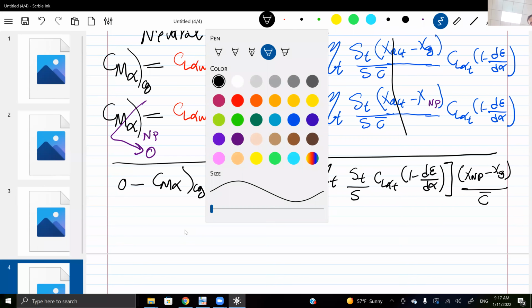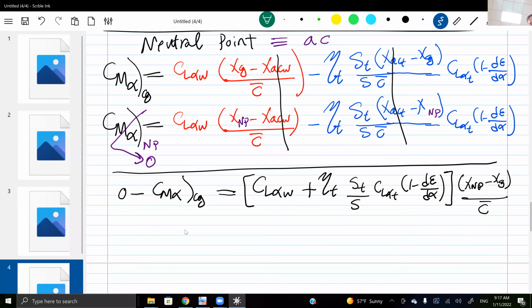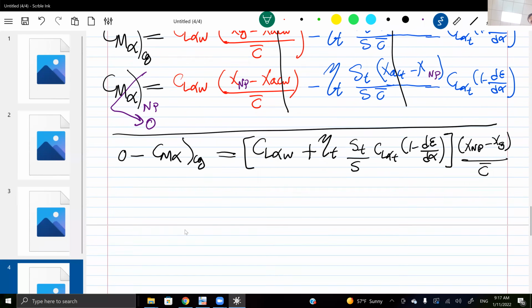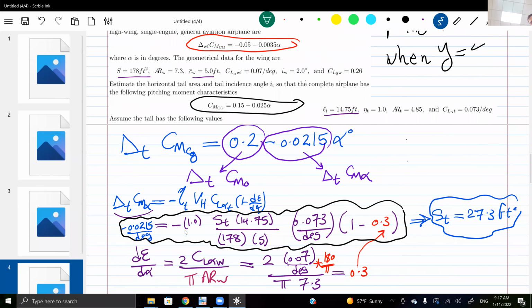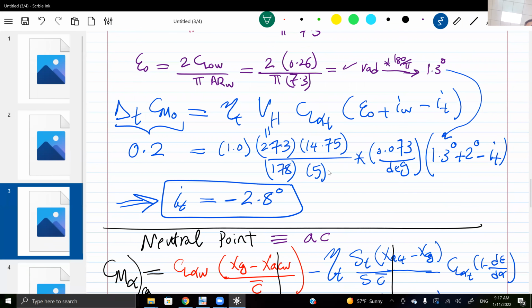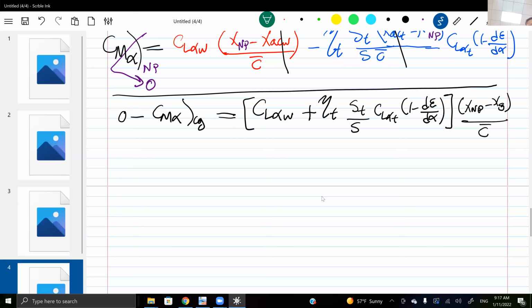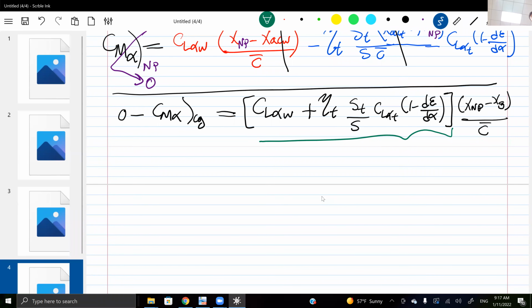And if you have a very good memory, you're going to recognize that this is nothing but CL alpha of the entire airplane, which gives us a really nice equation.